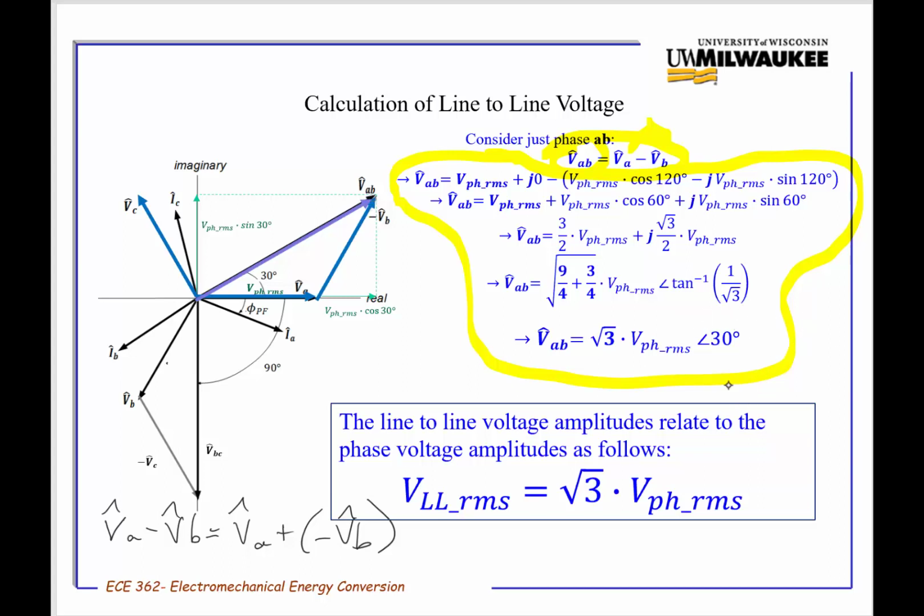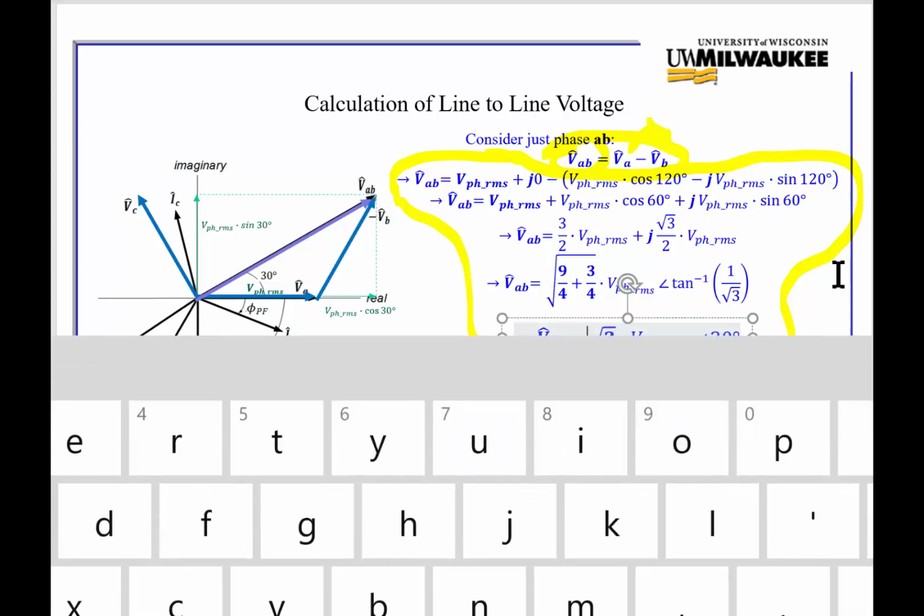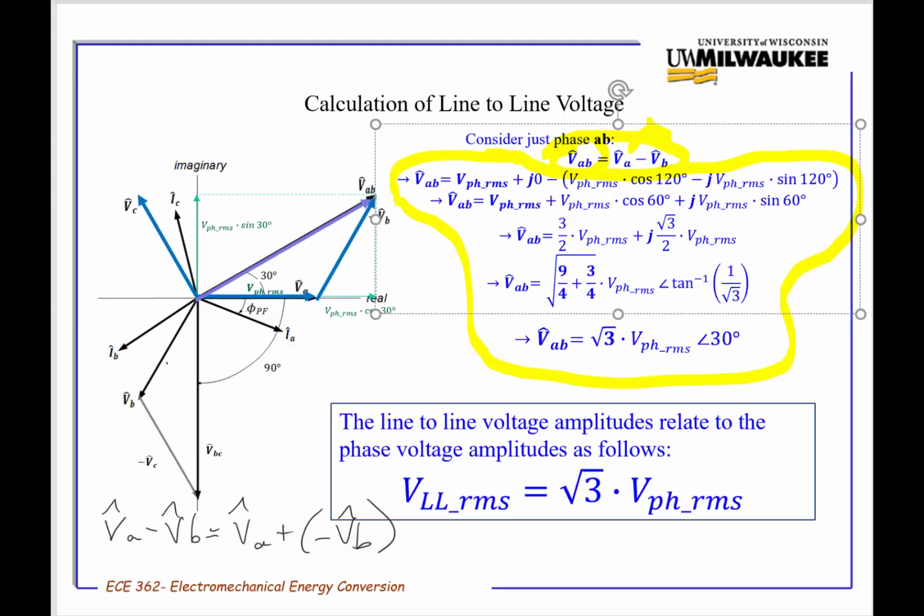Mathematically, what VAB ends up becoming is square root of 3 times the phase voltage RMS value or peak value. This applies with RMS and peaks, but we're using RMS because we're using phasors.